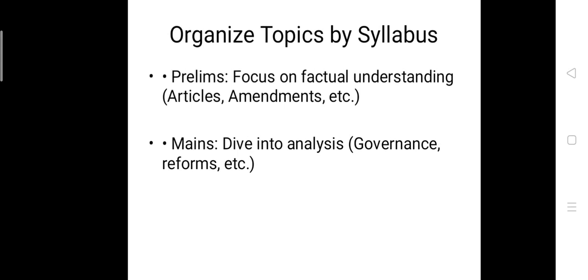For mains, you have to analyze the previous 10 years of mains PYQs and develop an overall idea, such as governance and reforms, because from time to time amendments and reforms happen in the Indian Constitution, so you need to focus on that.